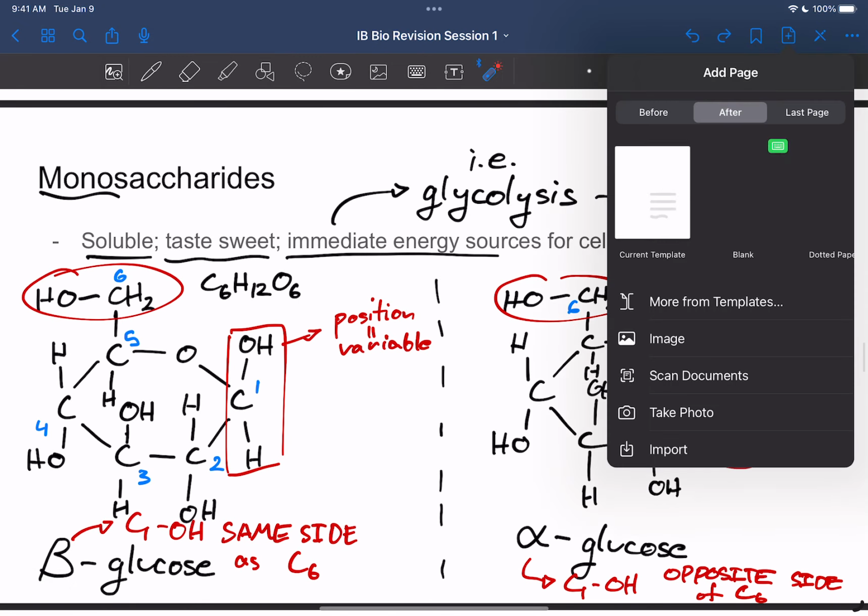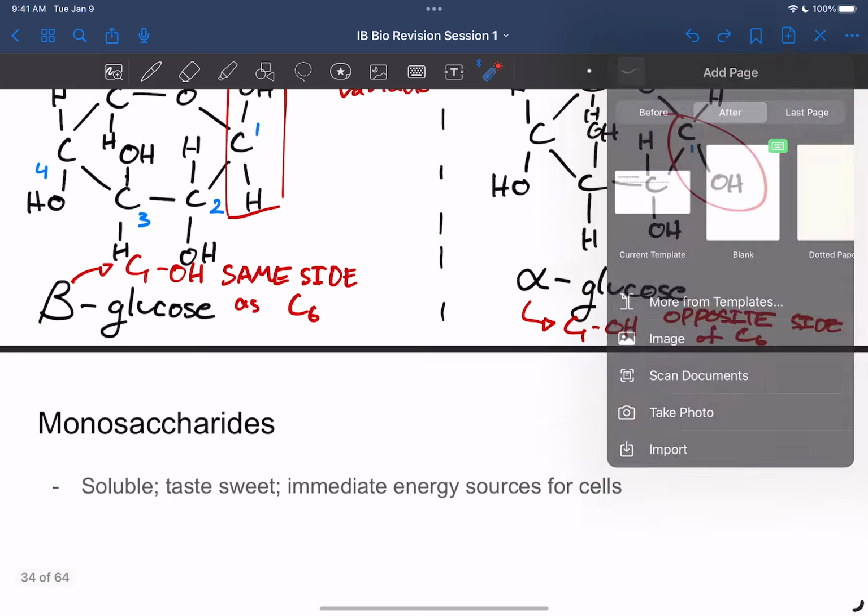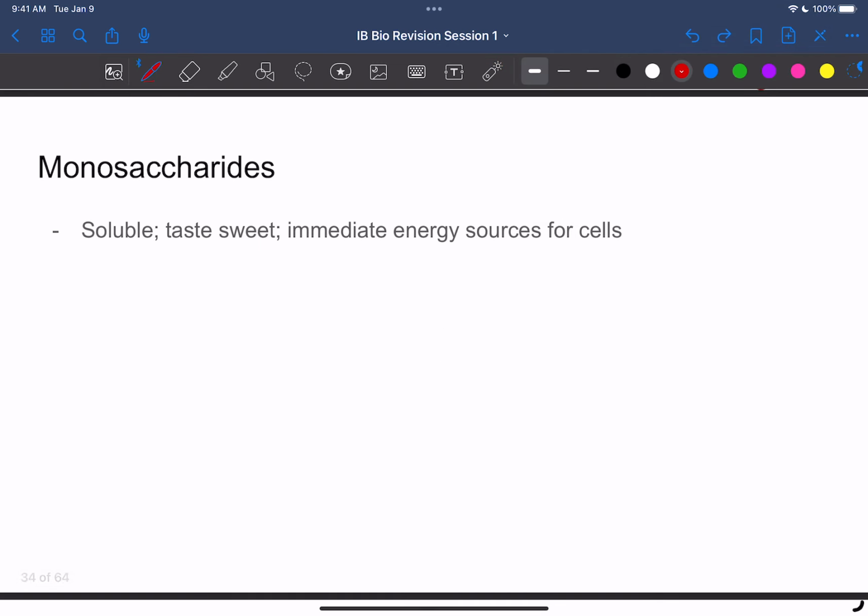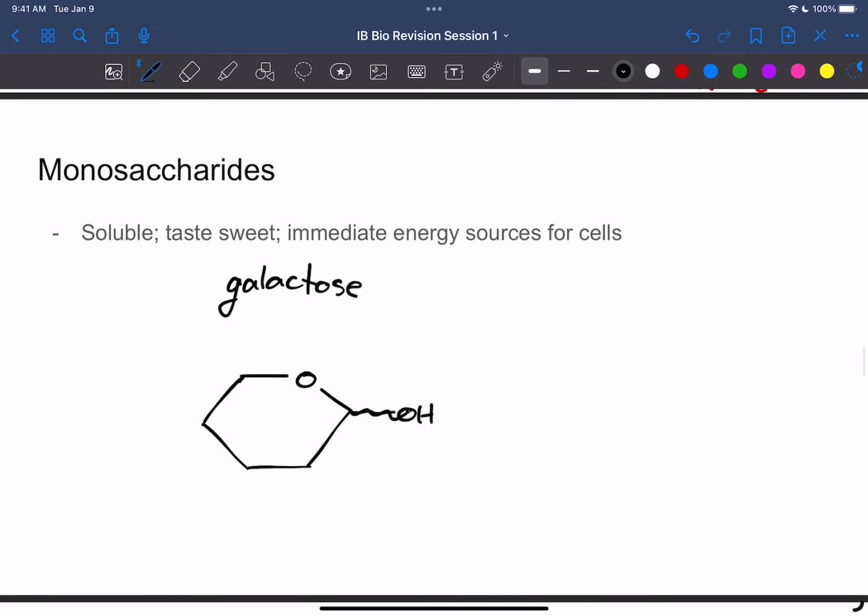Let me show you an example of what that means. We're going to have something like galactose. Since this OH on carbon 1 is variable, I'm just going to draw it like this. When there's a squiggle, it can be either on the top or bottom, so alpha or beta.